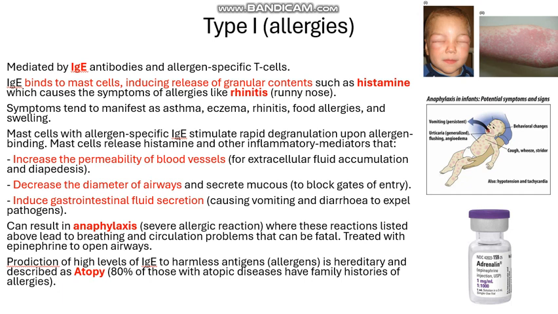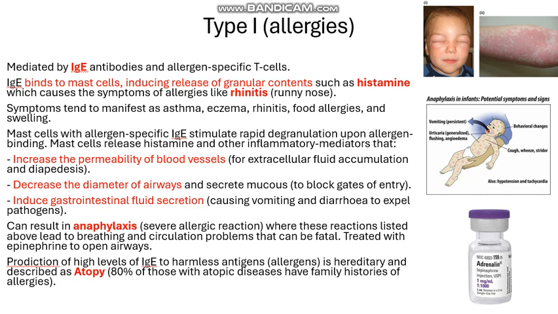And this can become very serious if it ends up in anaphylaxis, which is a severe allergic reaction, where these responses listed above lead to breathing and circulation problems that can potentially be fatal.